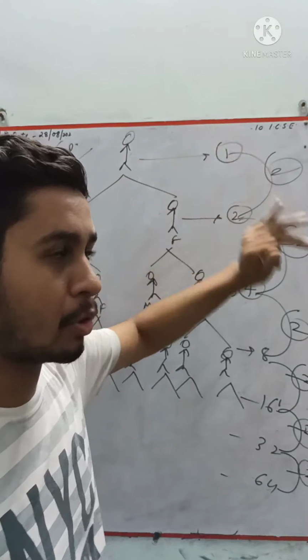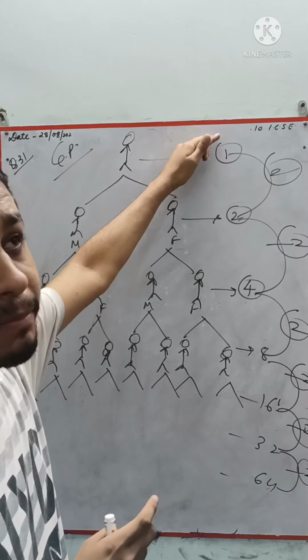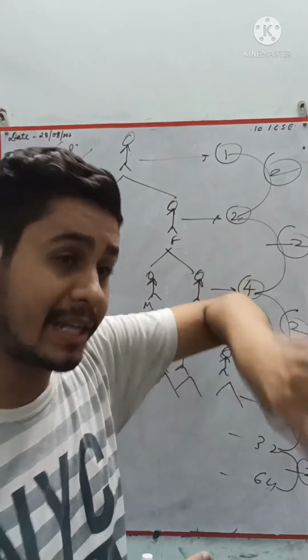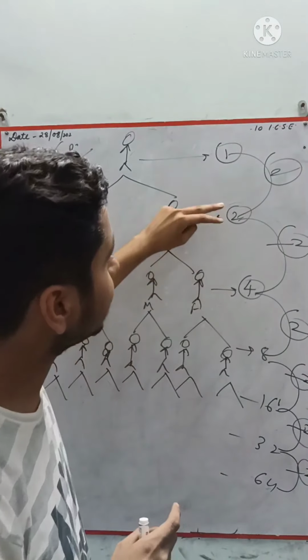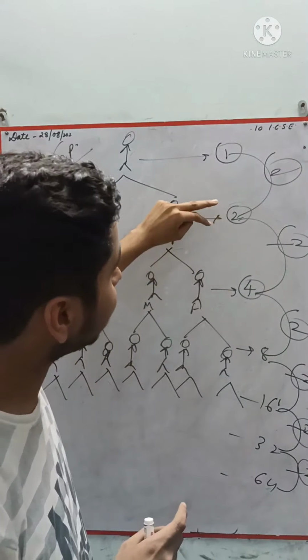You divide the second term by the first term, whereas in arithmetic progression we subtract the first term from the second term. So we divide the third term by the second term, and we get the common ratio. Such progressions are called geometric progression.